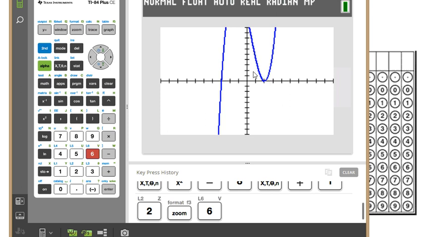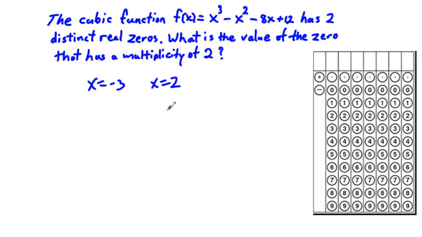That has a multiplicity of 2. So multiplicity equals 2. So therefore we would put into our formula, and the algorithm assumes positive, so you don't have to put plus 2. So that would answer question 3.